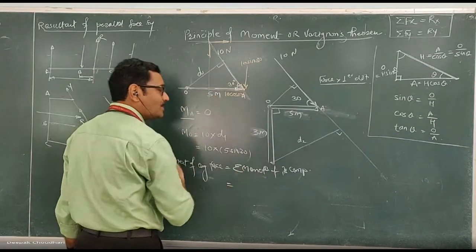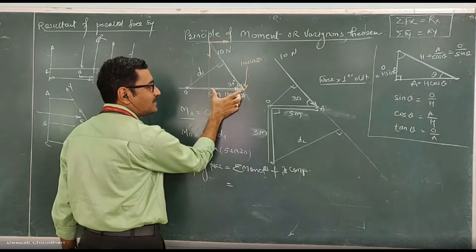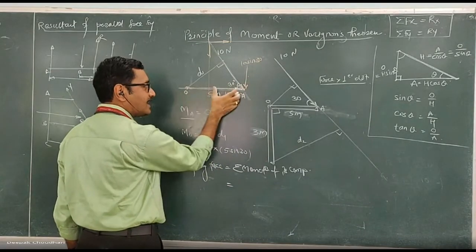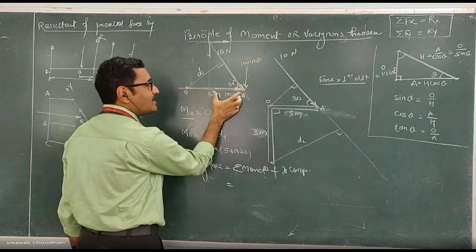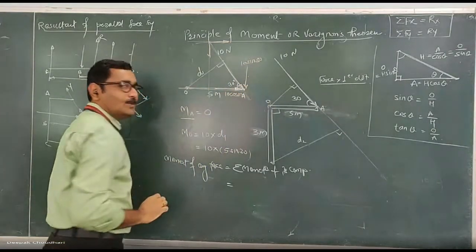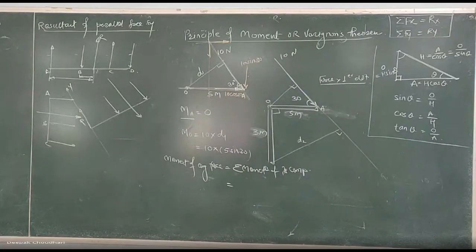Now I have to take the summation of the moment of its components. I will take the moment of this first, then add the moment of the other to it. So what is the moment of this 10 cos 30 about O? 5 root 3. Anybody else?